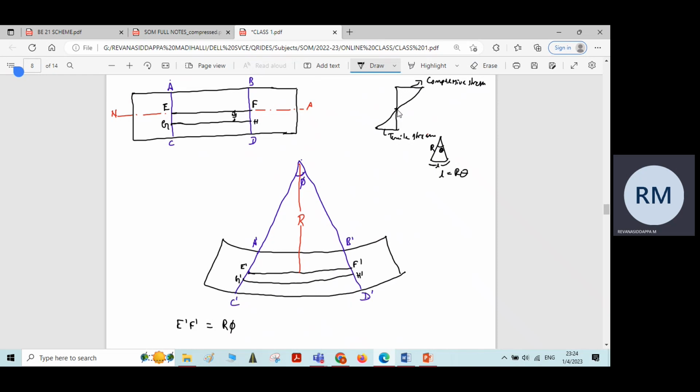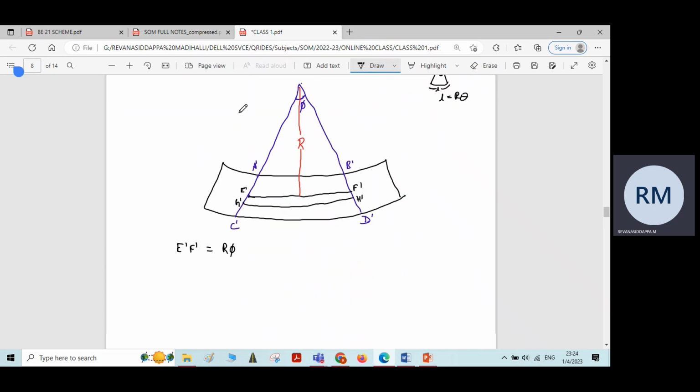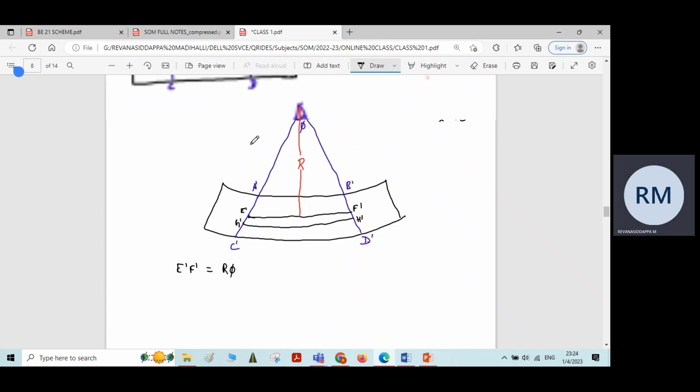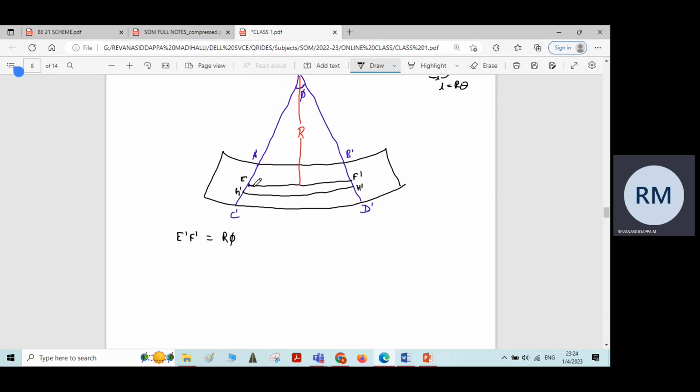The stresses will be zero at this point. When the stresses are zero, there won't be any strain at that point. Strain is also zero, or the increase or decrease in the length at that layer will be zero. Therefore, we can write the length EF is equal to length E dash F dash.